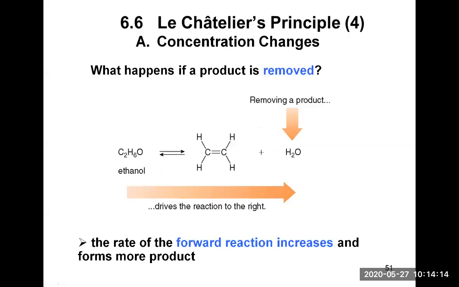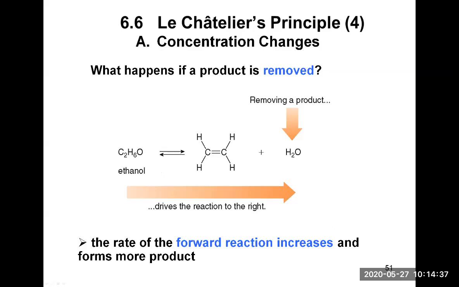Let's look at another example of a concentration change. What happens if a product is removed? So here we have another chemical equation that has ethanol on the reactant side in equilibrium with ethylene and water. Ethylene and water are the products.